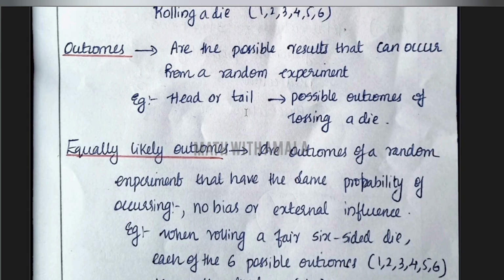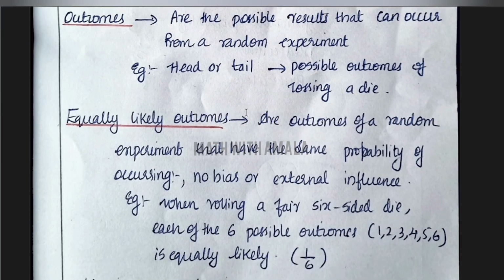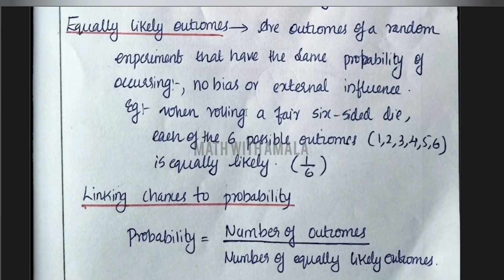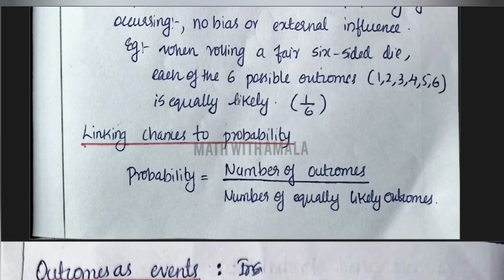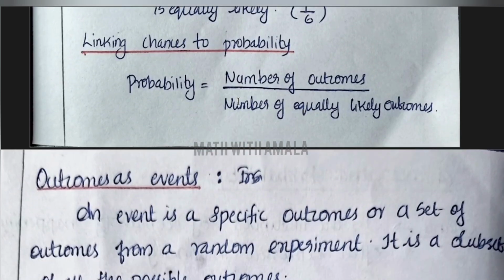Equally likely outcomes are outcomes of a random experiment that have the same probability of occurring. No bias or external influence. When rolling a fair 6-sided die, each of the 6 possible outcomes like 1, 2, 3, 4, 5, 6 is equally likely.